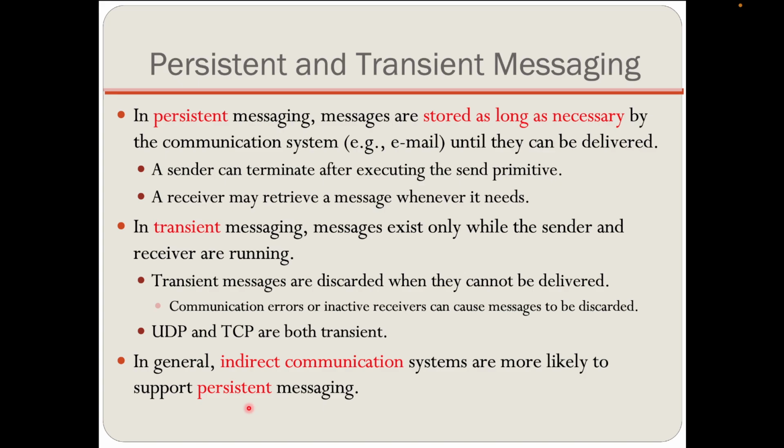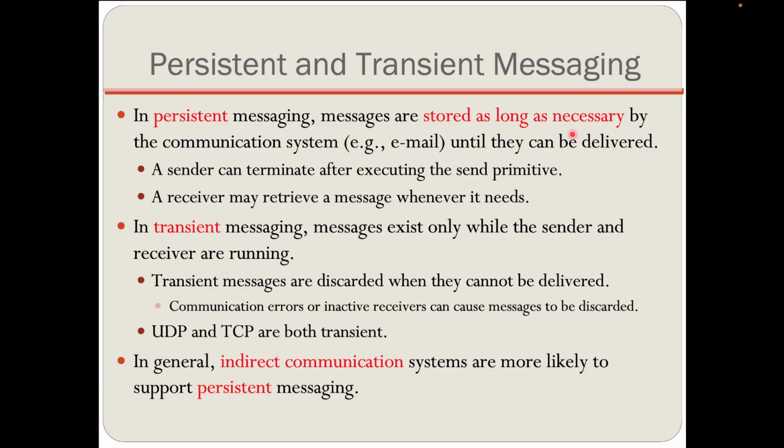If a message is persistent, that means the communication system has a buffer and can keep this message. So even if the parties involved in this communication terminate, the message may still be there. That's basically the difference. In persistent messaging, messages are stored as long as necessary.